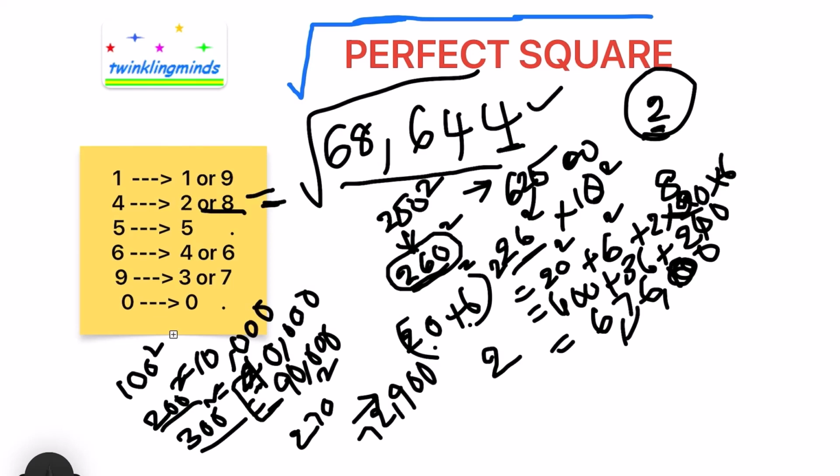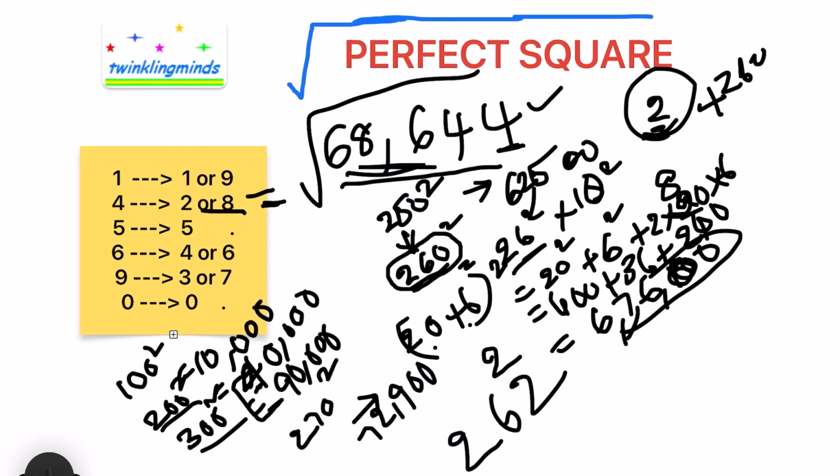So this 68,644 is closer to 67,600 than 72,900. So it's closer to this number, so the lower one we'll take and add to 60 the 2. So your square root value for this particular 68,644 is 262. This is how we are going to find square root values of perfect squares.